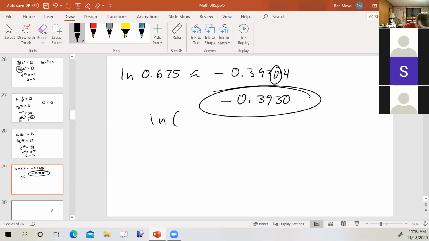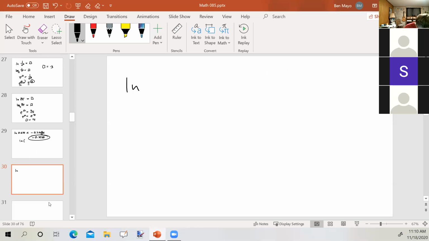How about the natural log of negative 10? So natural log of negative 10. Do that on your calculator and see what you get. I'm waiting.